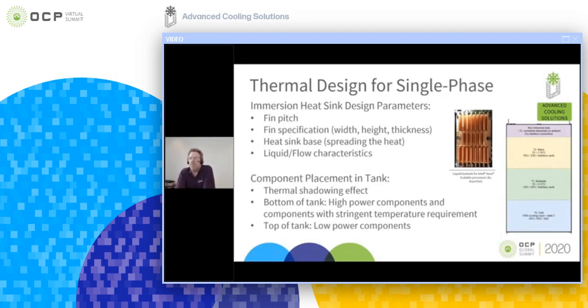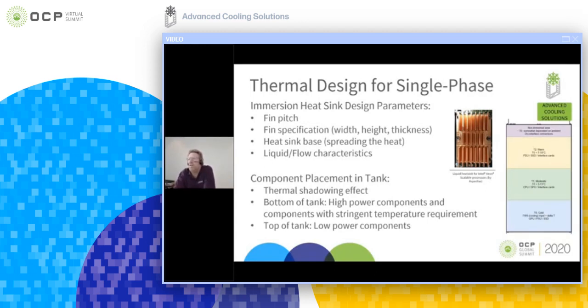So one of the ways of optimizing for single-phase applications is to optimize the heat sink design parameters. These parameters can be divided in a couple of topics. Most relevant, most important is probably the fin pitch and the fin specification.